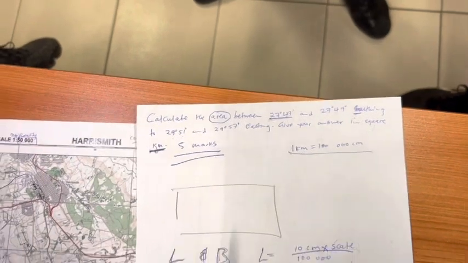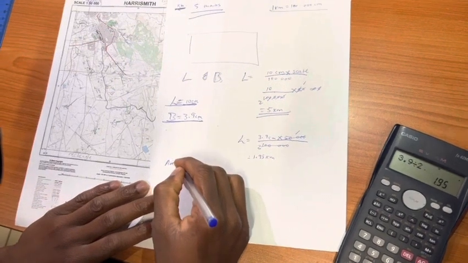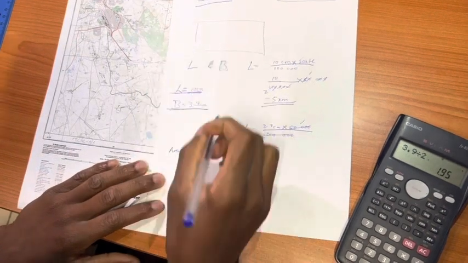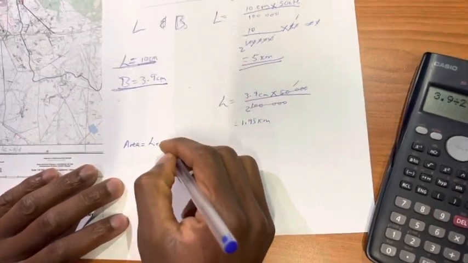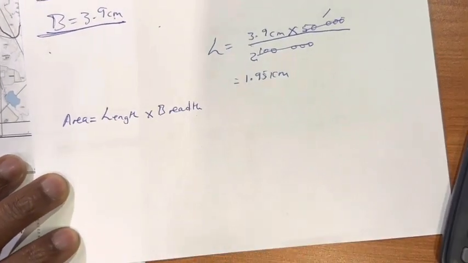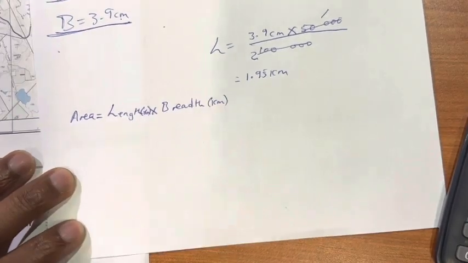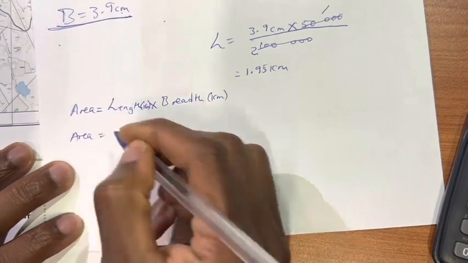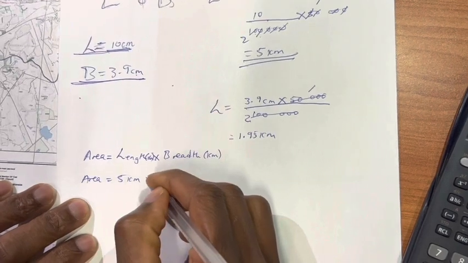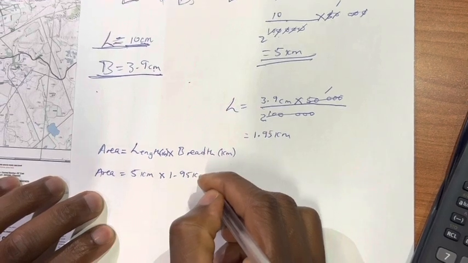Next step is, remember, you are required to calculate what? Area. Now you have your shape, which is a rectangle. So you just substitute into the formula for calculating area. Because this one is a rectangle, it should be the length multiplied by the breadth. Remember, you have them in kilometers. So area will be equal to our length, 5 kilometers, multiplied by our breadth, 1.95 kilometers.